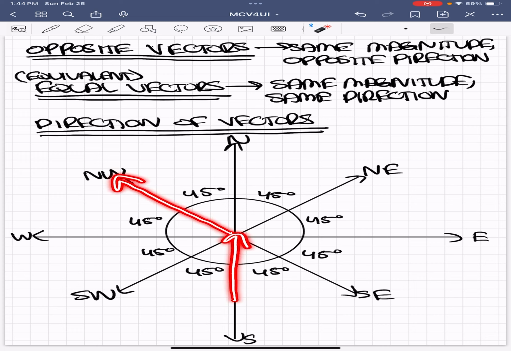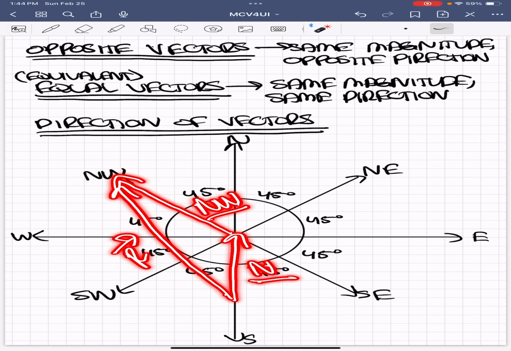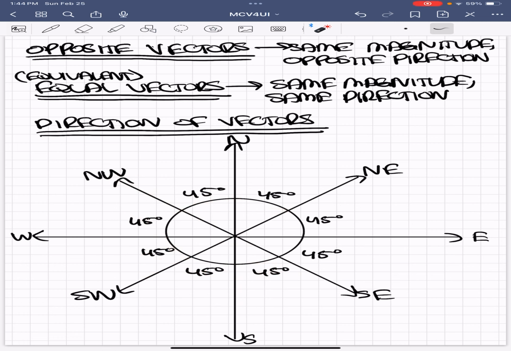So you're left with... So there will be questions like that. That's why we have the direction of vectors. And just a little sketch of a vector question.